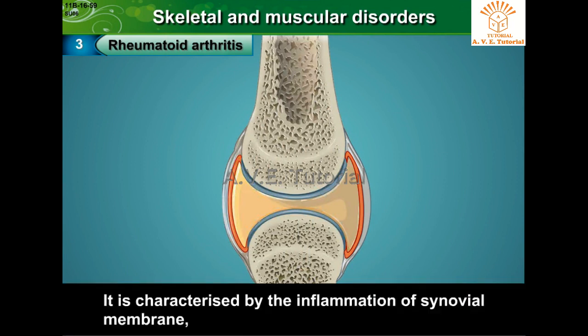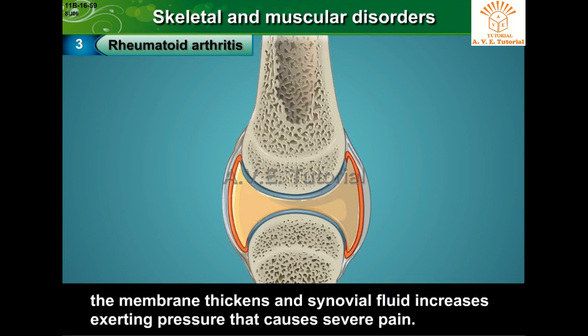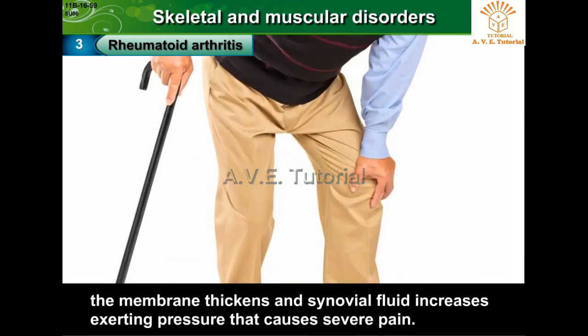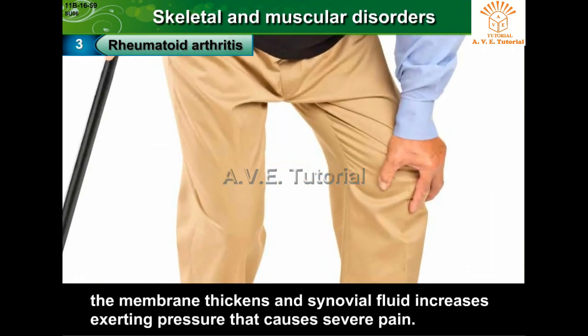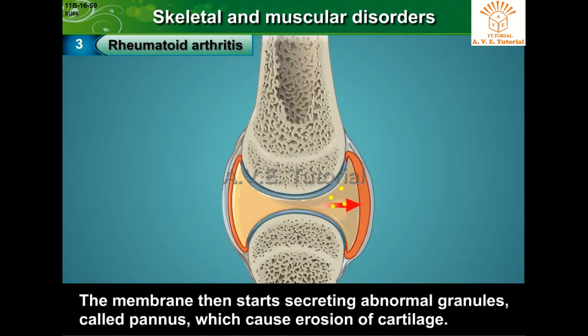It is characterized by inflammation of the synovial membrane. The membrane thickens and synovial fluid increases, exerting pressure that causes severe pain. The membrane then starts secreting abnormal granules called pannus, which causes erosion of cartilage.